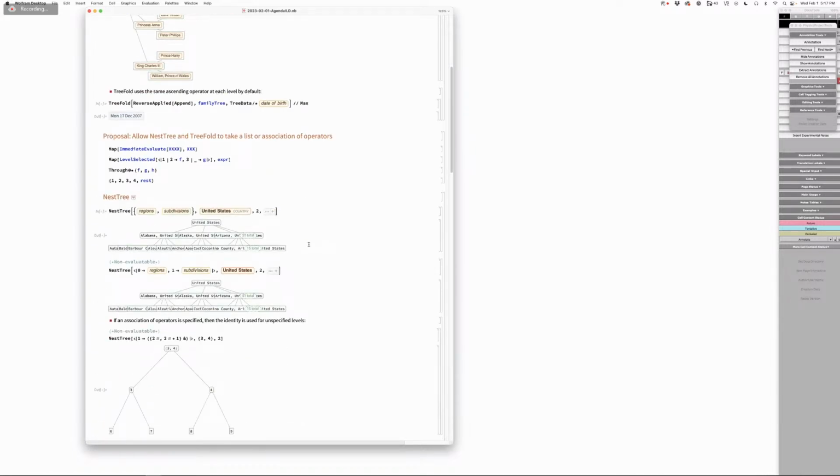Right, but okay. So the thing at issue here is, does it make sense to have NestTree support an association syntax keyed by level number? Yes, or the list. I think actually the list is more fundamental. Well, association, except with that weird thing about the leaf anchoring. But the option for last parameter really is for TreeFold only, not NestTree.